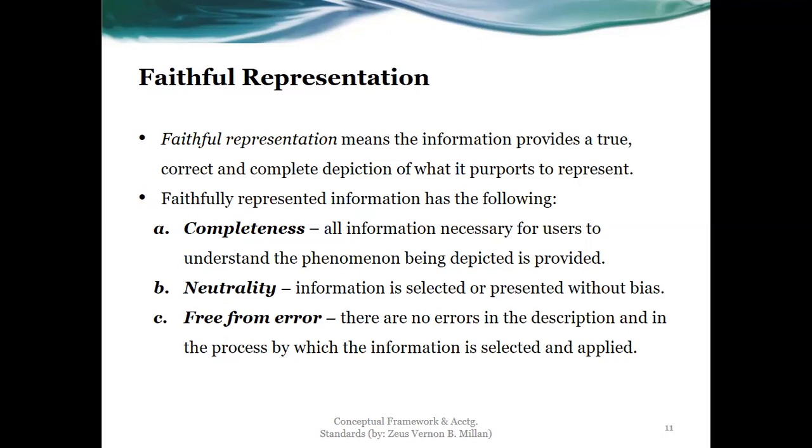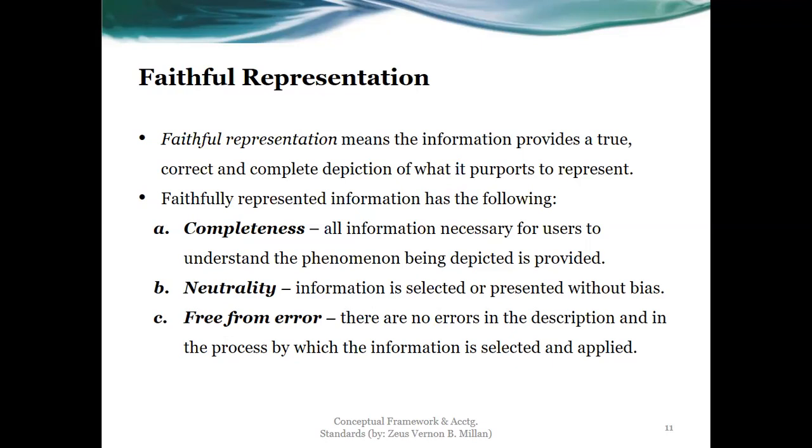Then finally is free from error. What is meant here is that errors which are material are not there because whether we like it or not, nothing is perfect. We know that also, but we have to keep the errors as much as possible to the very least or minimum or very minimal levels so that they would not be material. As what I've said, material would mean that it would affect also the decision making of the users.